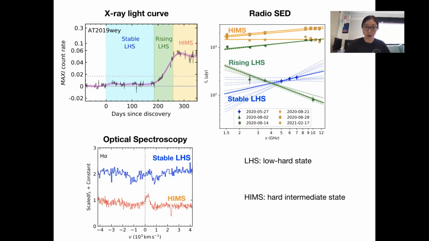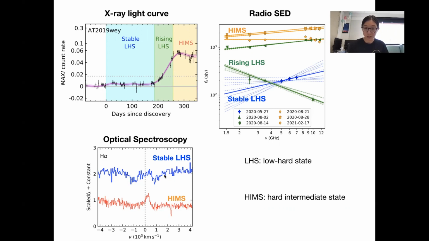We also got some optical spectra using the Palomar and Keck Observatories. You can see that in the stable low hard state, the hydrogen line has a very broad absorption trough and an emission core on top of that. While in the hard intermediate state, the absorption has grown much weaker and the emission has grown much stronger. This is because in the low hard state, the optical emission is from intrinsic disk emission at the outer radius.